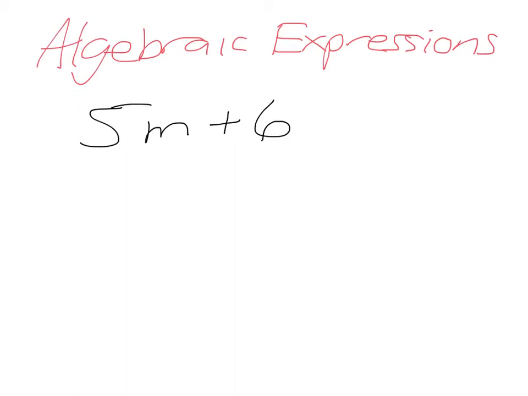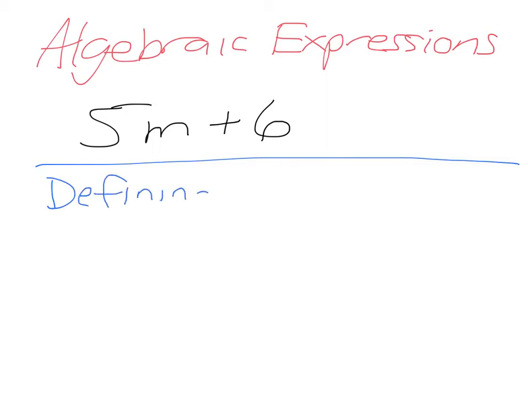The first goal we're going to look at is how do we translate something in English, something written, into an algebraic expression. And one of the things we start with right away, the easiest thing to start with, is defining a variable. What is the unknown in the sentence or in the problem?